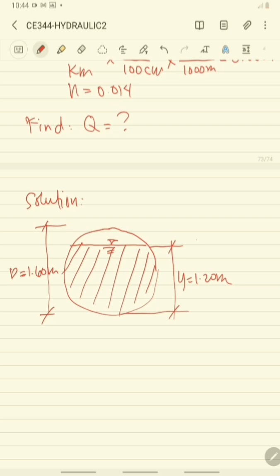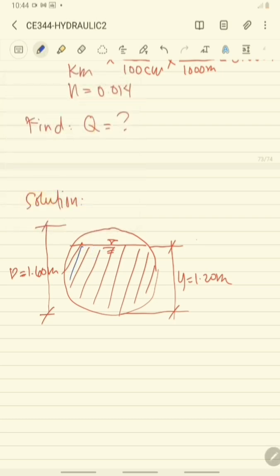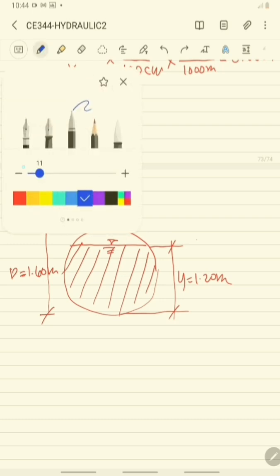First, we have to compute the area of flow. So this is your area of flow. We have to compute that one. What you learned in your geometry class before is how to solve the area of any shape or any polygon. So please review your geometry subject.